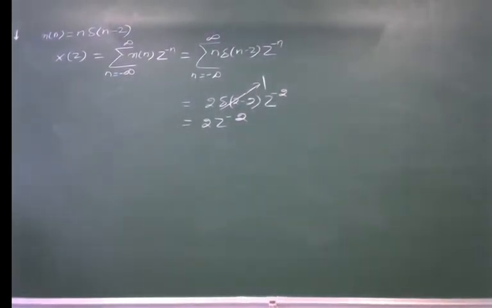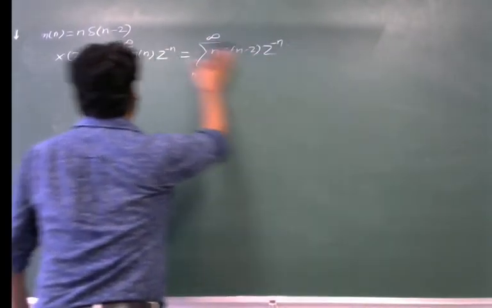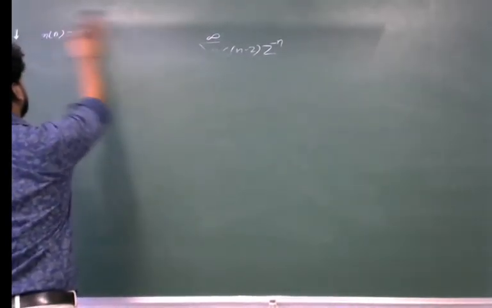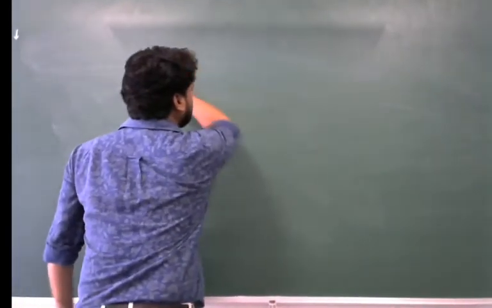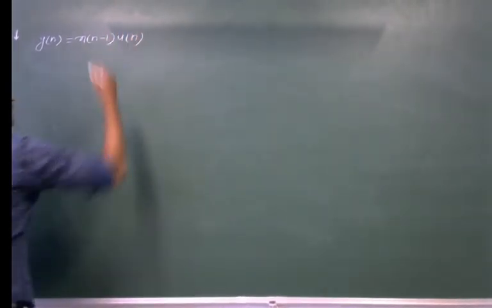The next question is y of n is given here as x of n minus 1 into u of n.